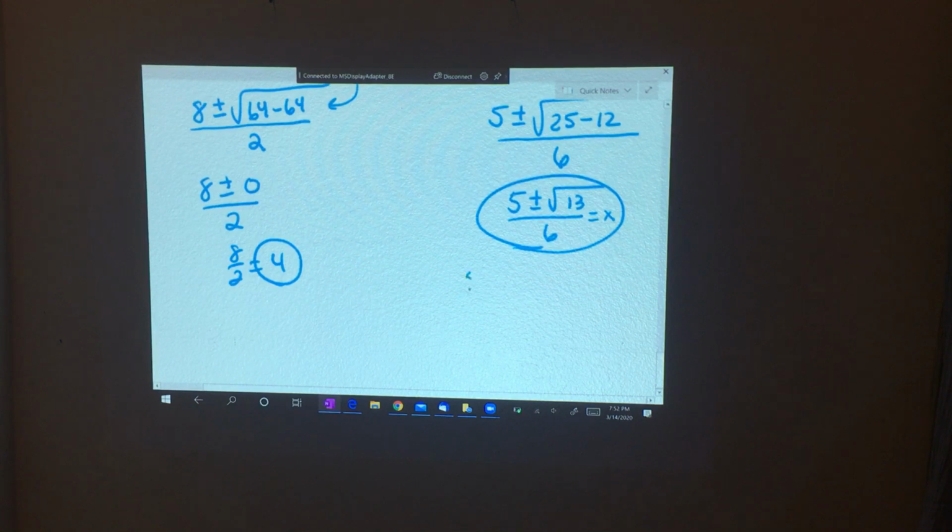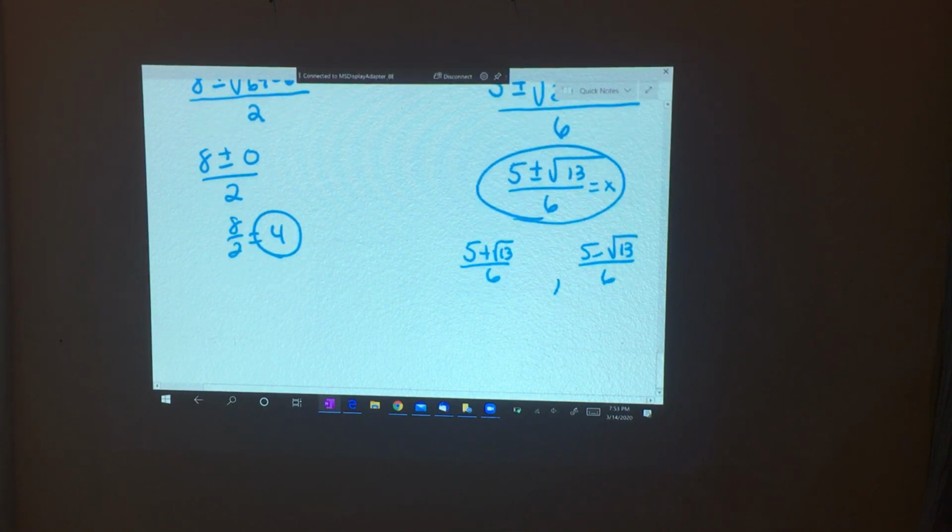So I've got 5 plus the square root of 13 over 6 and 5 minus the square root of 13 over 6. And the square root of 13 is about 3.6. And then I have 5 minus 3.6 over 6.